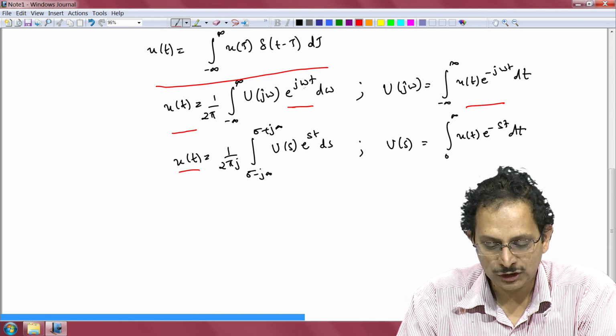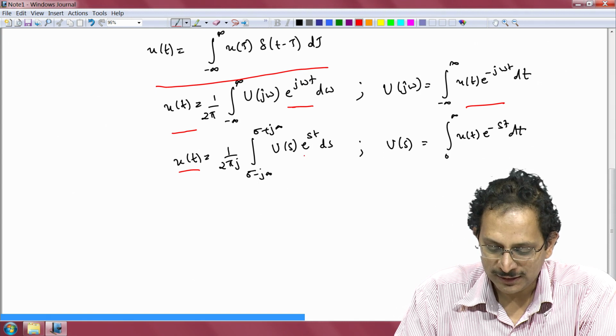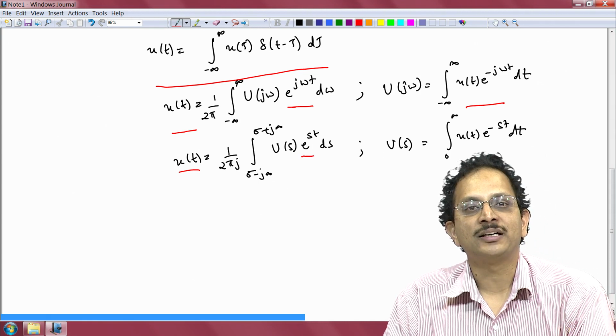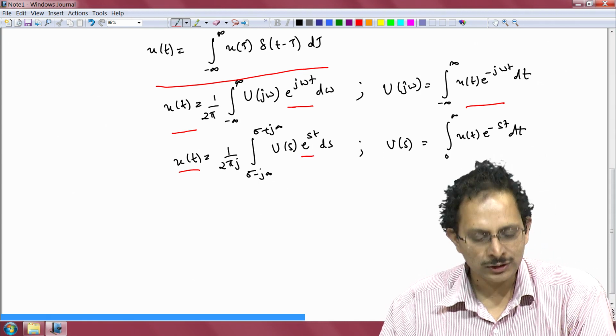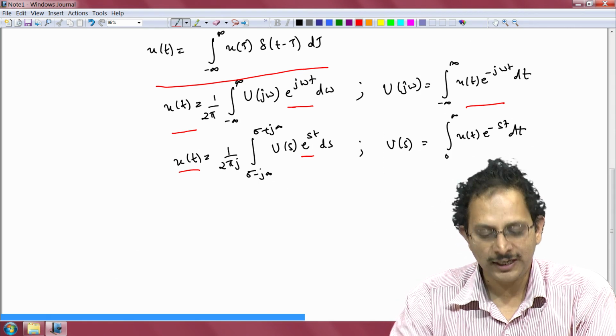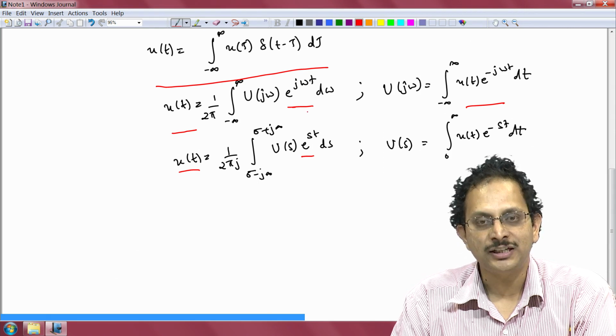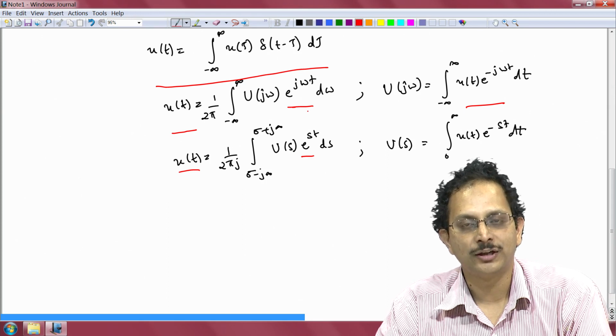Now what we have managed to do is to represent u of t not in terms of complex exponentials e power j omega t but rather in terms of complex exponentials e power st. The reason we had to do this was because there were a few signals of great interest to us which could not be represented by using the mathematics of Fourier transforms.